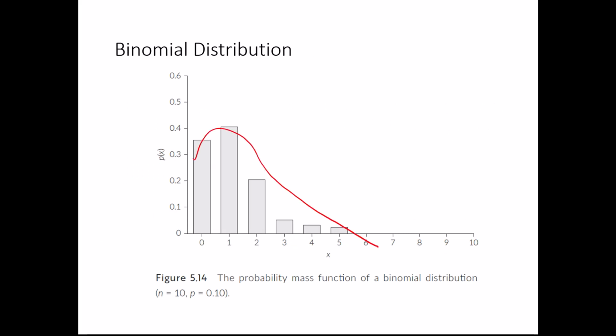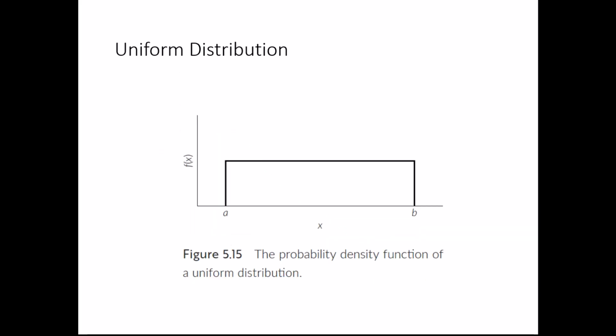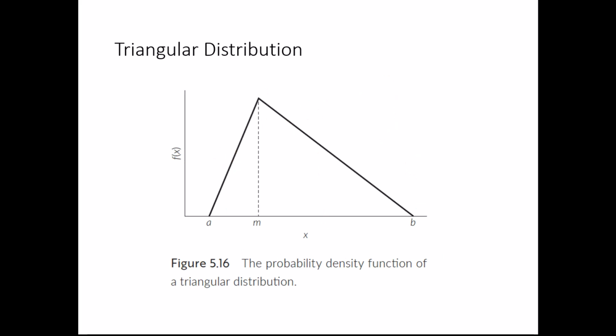Okay, this is a binomial, it goes like this. Usually arrivals tend to be the binomial or the exponential. This is the uniform, right? When you have your data that range between 2 points. When you have the triangular, right?